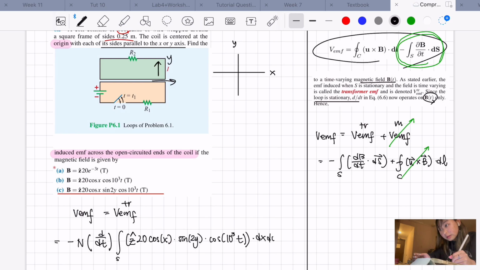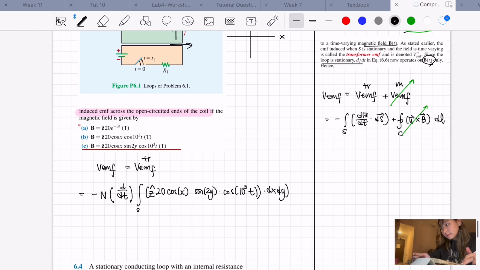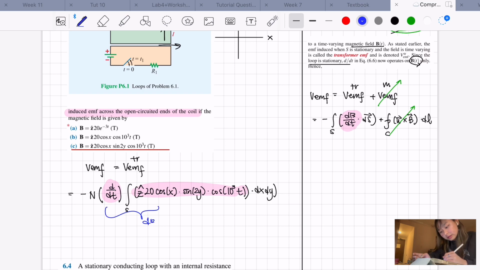This is dx dy. Here, if you really want to relate it to the formula sheet again, this is the dB term, this is the dt term, so together they become the dB/dt term.